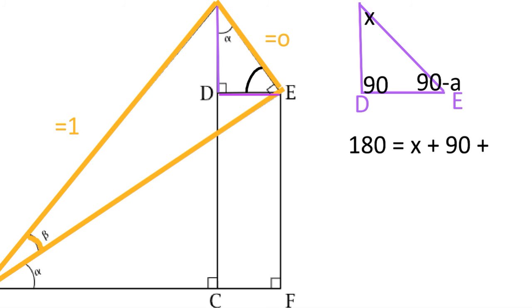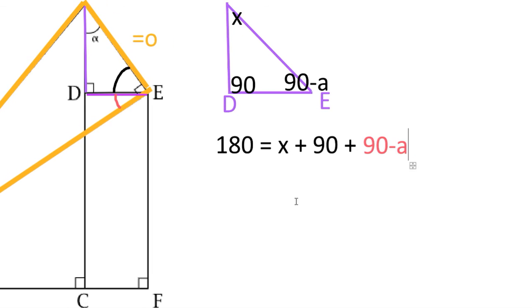And what is that? That is this. They are equal. They are the same. So it is that 90 degrees, the full 90, take away that alpha. And so let's finish that part off by saying, okay, plus 90 minus that alpha there.